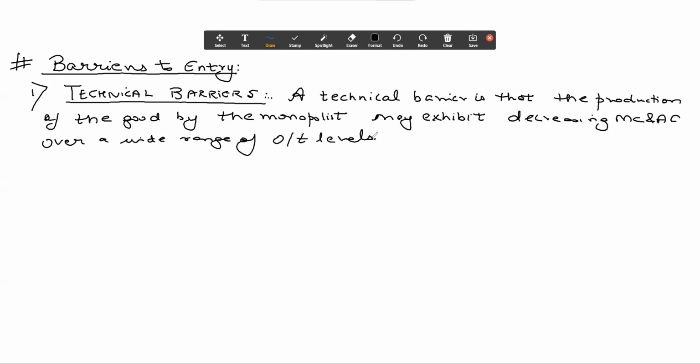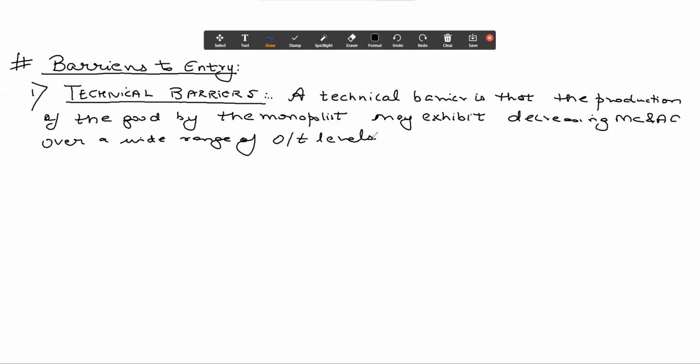So one technical barrier which prevents other firms from entering the market is that when the monopolist increases its production, its average and marginal cost curves will start falling. This concept in microeconomics is famously called economies of scale.